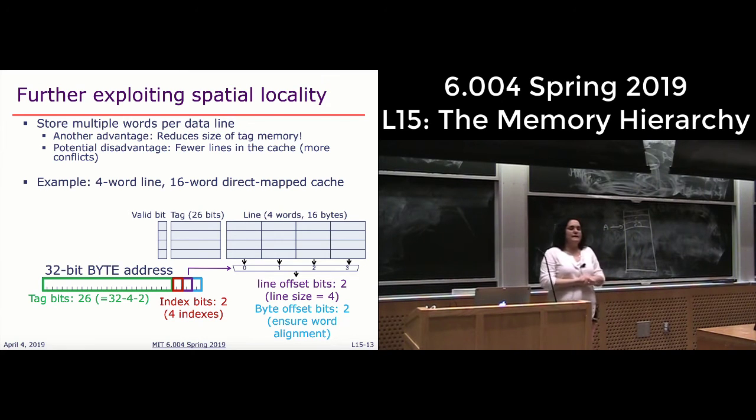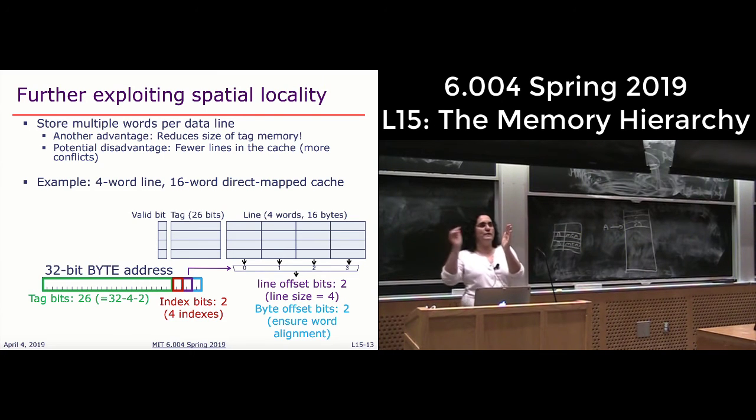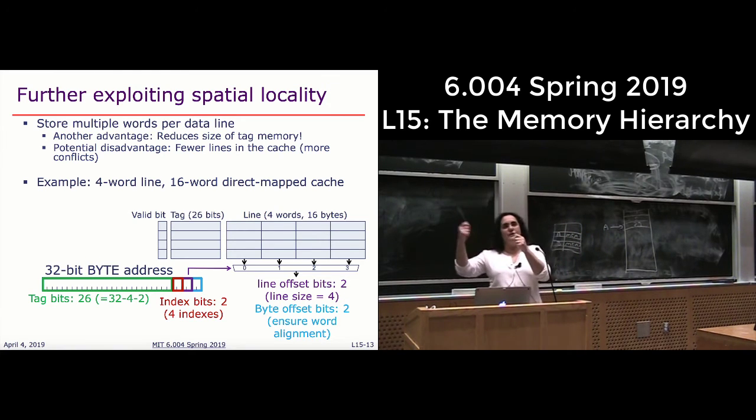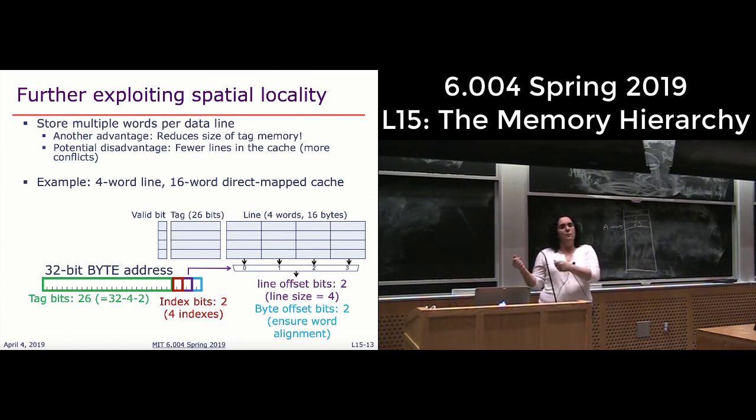It turns out that if I fetch multiple things from memory, especially if they're contiguous, in other words, right next to each other, then the incremental time I have to spend fetching the other elements is much less significant than the startup cost I pay for getting that first element. So maybe it makes more sense that when I have a miss and go to main memory, why not bring more than just one word into my cache? Instead, I'll bring a bunch of words.